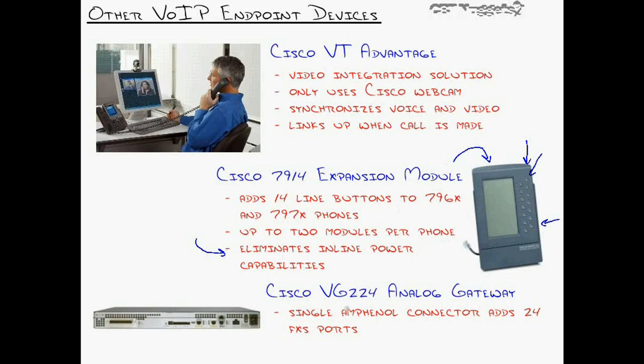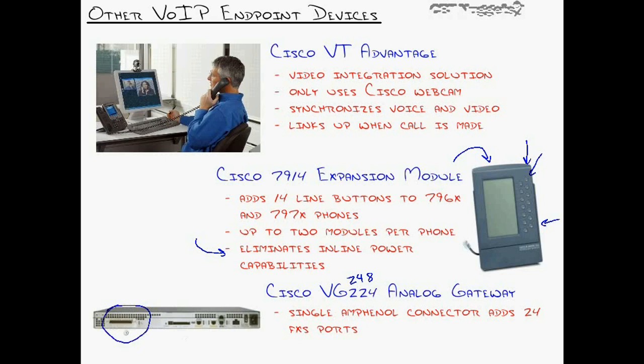Down here you see the VG224, and there's also a VG248 analog gateway. What this does is, those of you from the old PBX world will remember this. I shouldn't say old PBX world. We'll say the other telephony world will recognize this port.